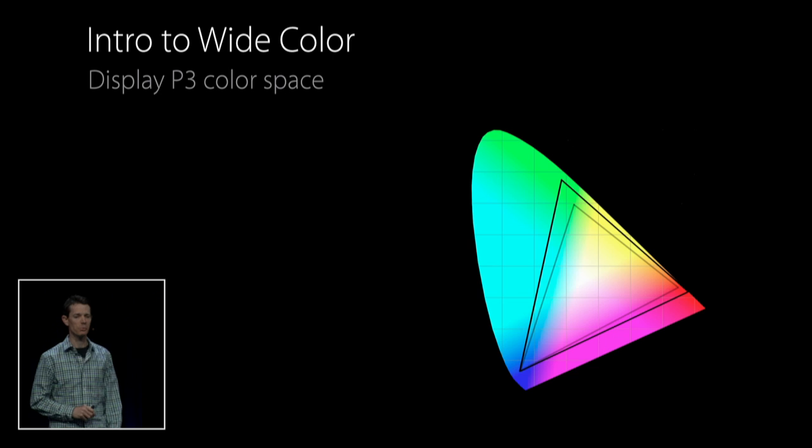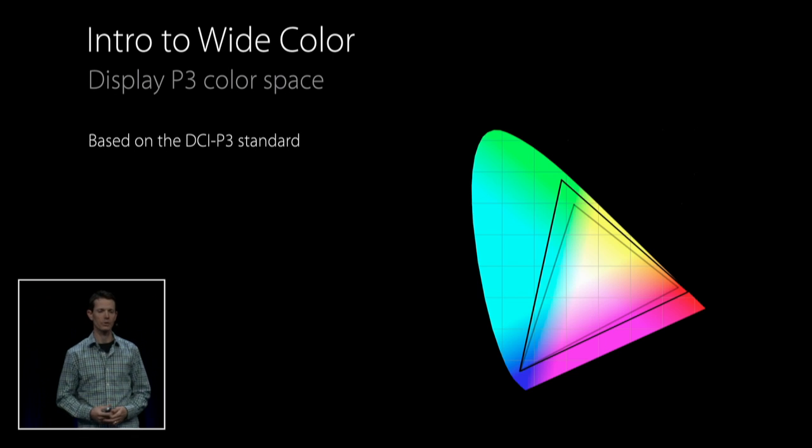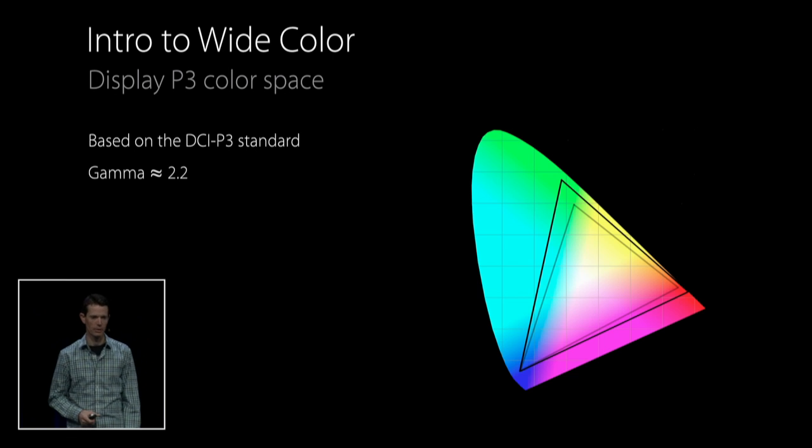The iPad Pro 9.7 supports wide color using a new color space that we call Display P3. It's similar to the SMPTE standard DCI P3. That's a color space that's used in digital cinema projectors. The color primaries are the same as DCI P3, but then it differs in gamma and white point.